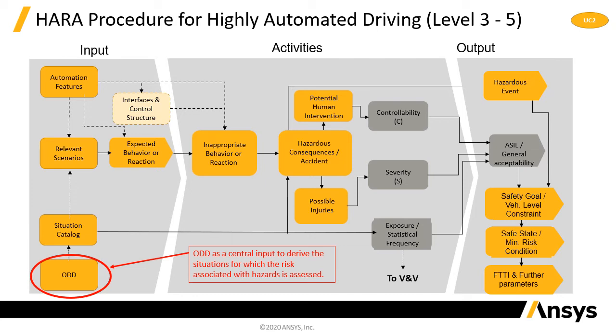If it's about SOTIF, then it's not so much about failures, but also about insufficiencies, inability to cope with certain situations. So of course, we also need the specification of the automation features, and together we form the relevant scenarios, and we formulate an expectation on the correct behavior or reaction of the vehicle in certain situations.